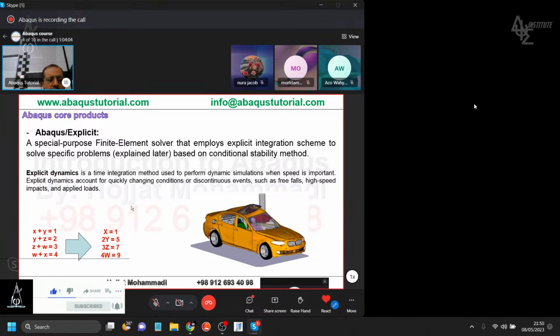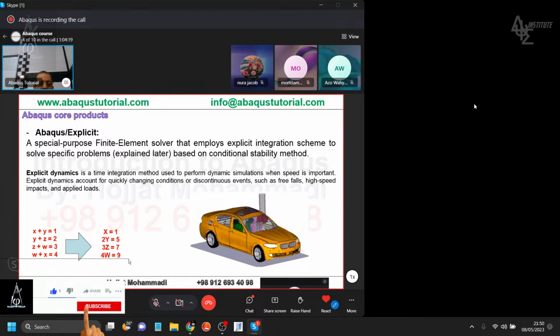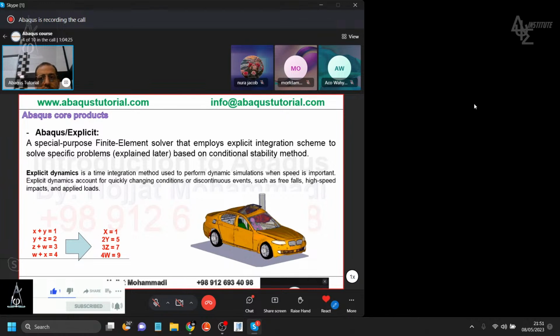Okay, in this solver, the state of the equation will be converted to other equations and form a new system of equations which are not coupled to each other.